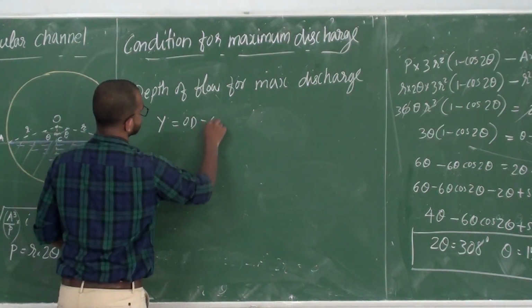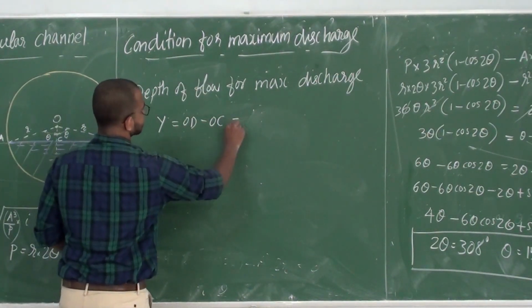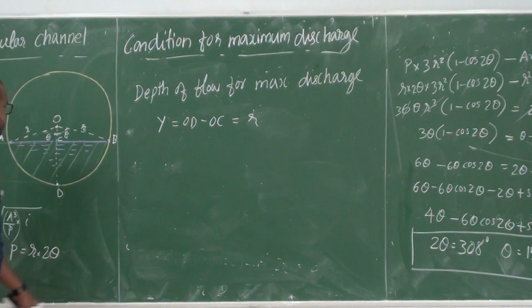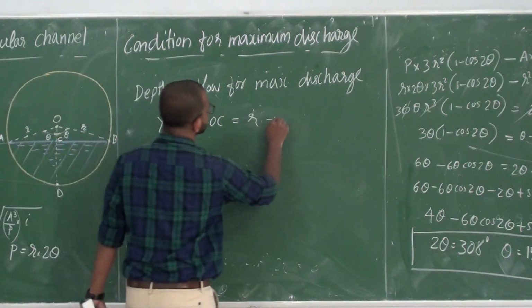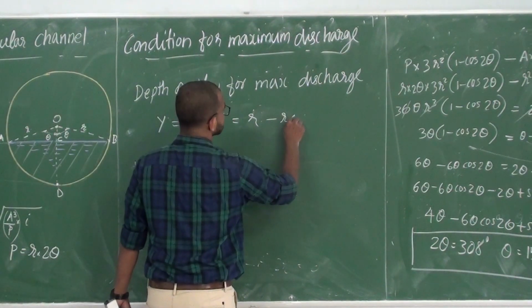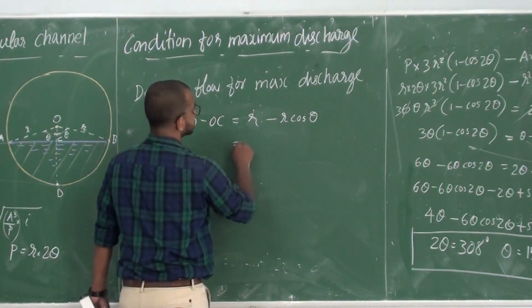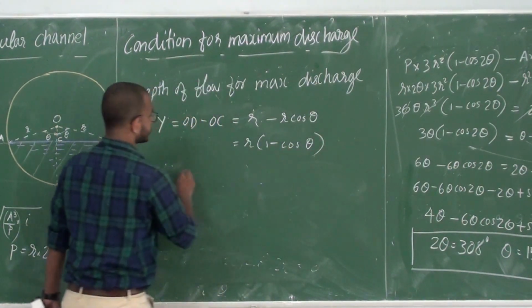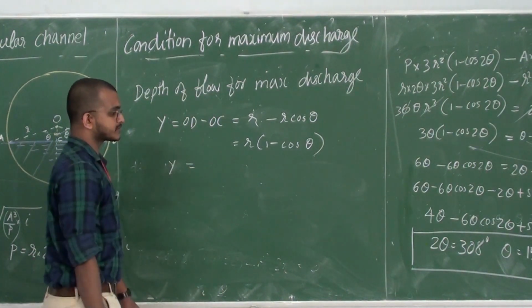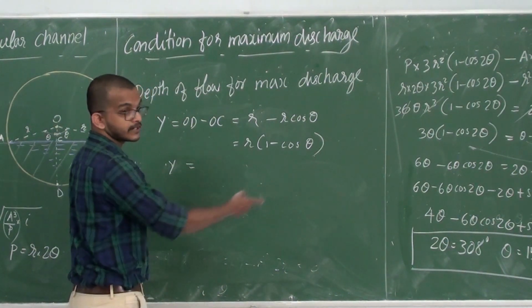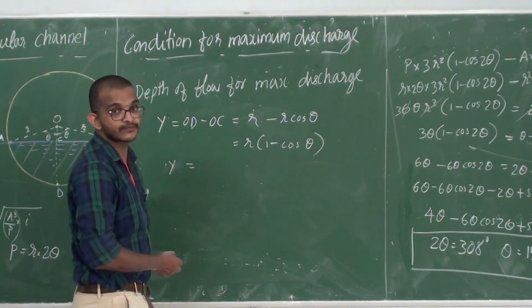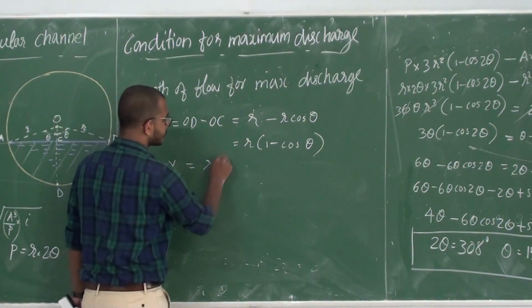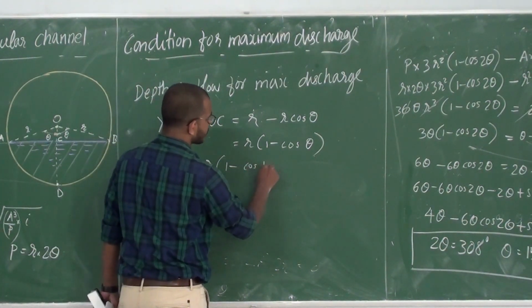OD is nothing but the radius of the circular channel R. OC is equal to R cos theta. So y is equal to R into 1 minus cos theta. If you substitute the condition for maximum discharge, that is theta equal to 154 degree, R into 1 minus cos 154.